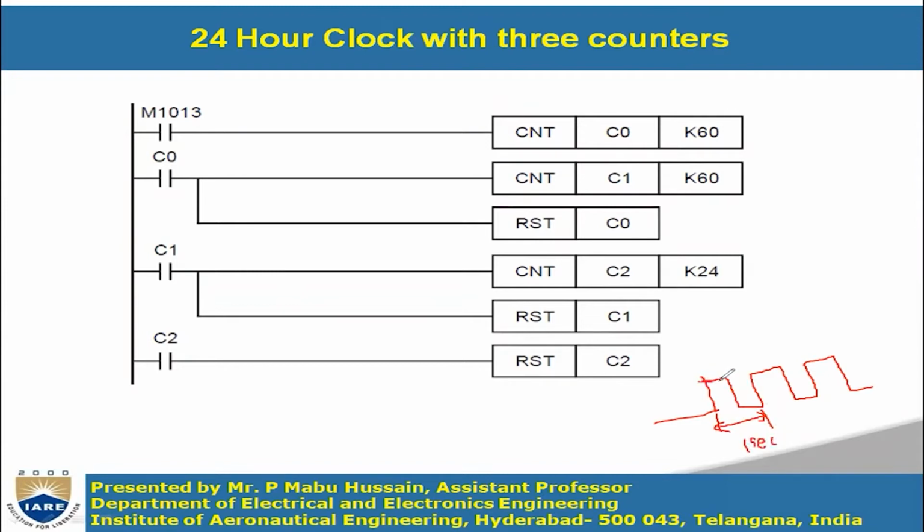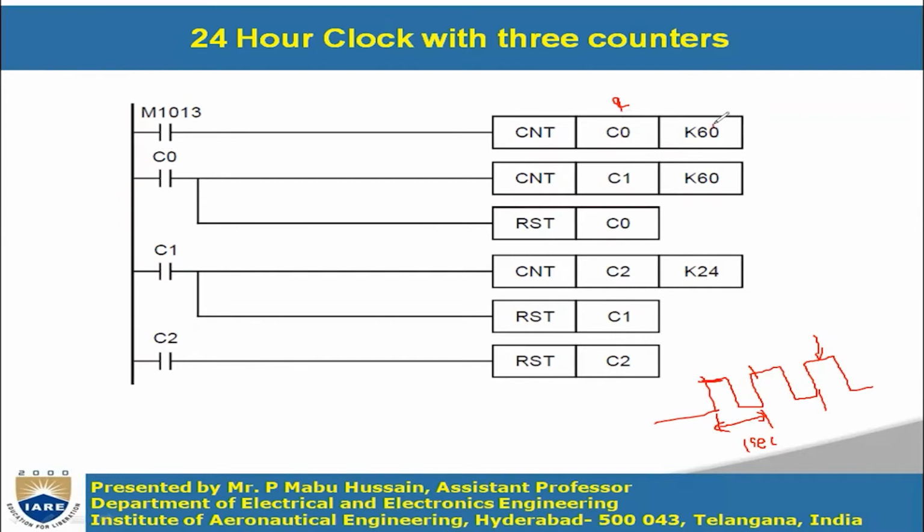Whenever it is on, this C0 value will increment by 1. After 1 second, again it will be on, and again it will increment by 1. Like that, for every second, this counter value will increment by 1, 1, 1.